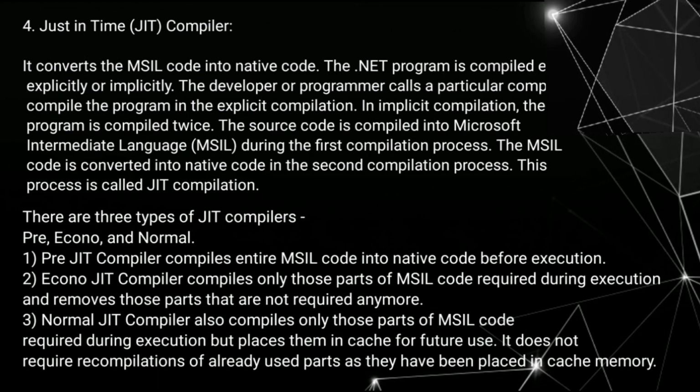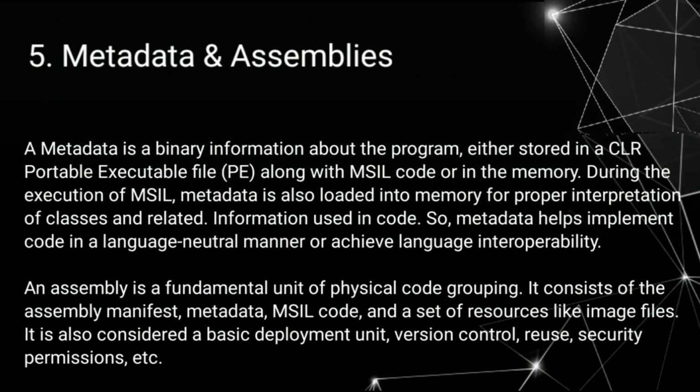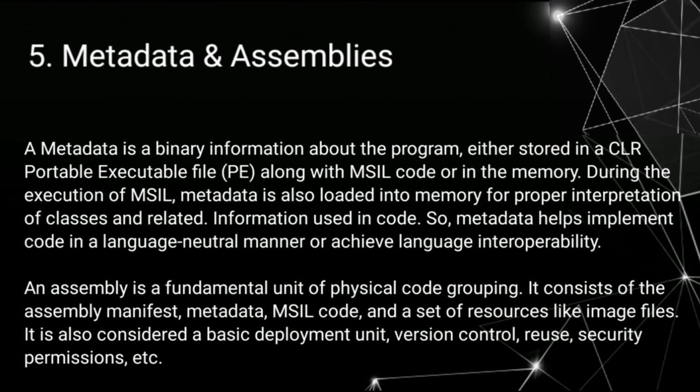Normal JIT compiler also compiles only those parts of MSIL code required during execution but places them in cache for future use. It does not require recompilation of already used parts as they have been placed in the cache memory.